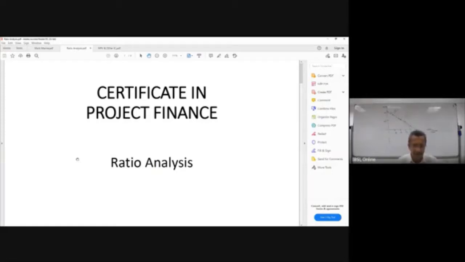So now this ratio analysis, we are normally doing with the financial statements. And we discussed in project finance, when we start, we don't have financial statements, we go by cash flows. But here we are doing it because we can prepare pro forma financial statements.